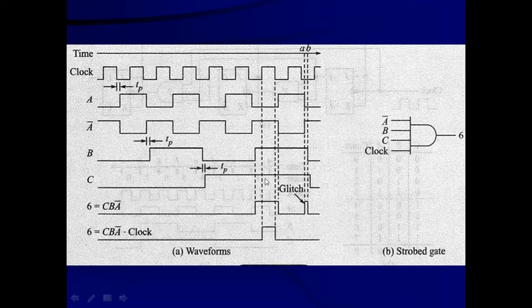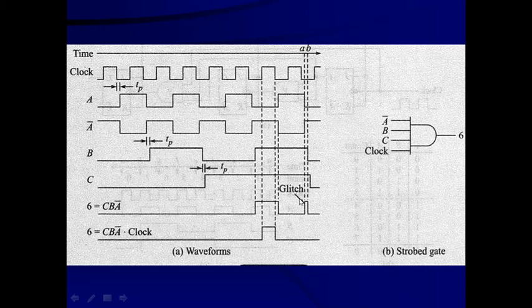When the output of C is high, the output of B is high, and the output of A bar is high, then a pulse is generated. The same kind of condition results in the time period between A and B, where C is also high, the output of B is also high, and the output of A bar is also high here.